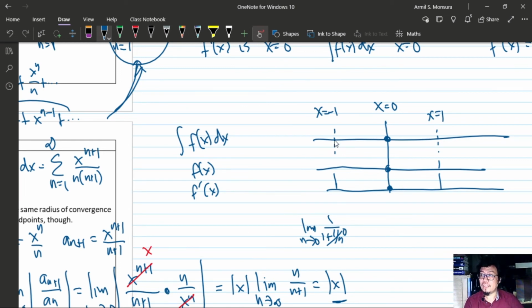The question now is whether they converge at the endpoints. So the question now is at the endpoints.